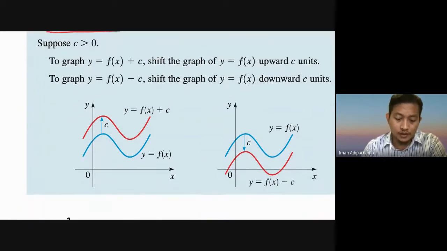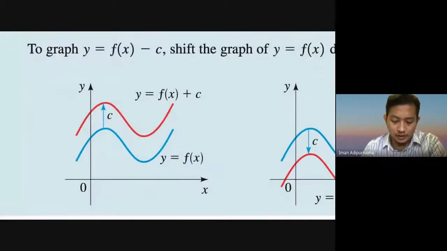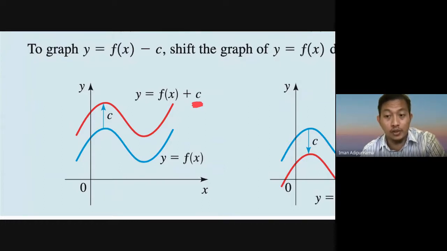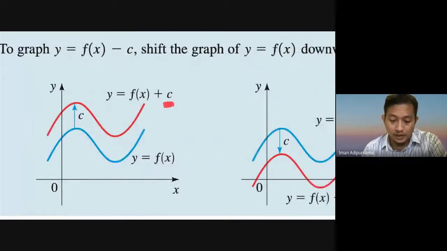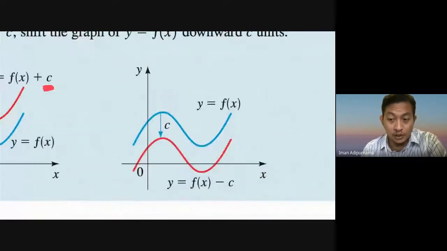Okay, look here, from the function f of x, we are moving by c units. So we can write y equals f of x plus c. That is the transformed function after we move upwards c units. Okay, and if we want to move downwards, from this f of x, we can write f of x minus c.